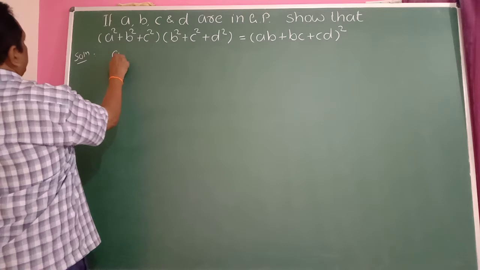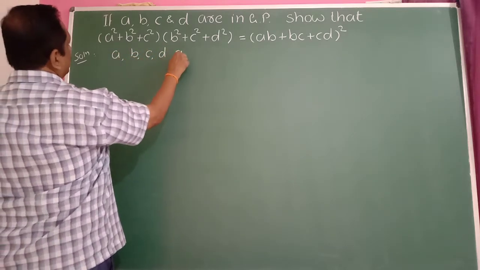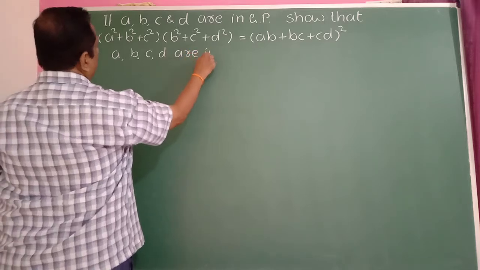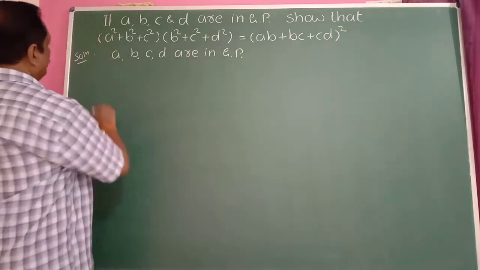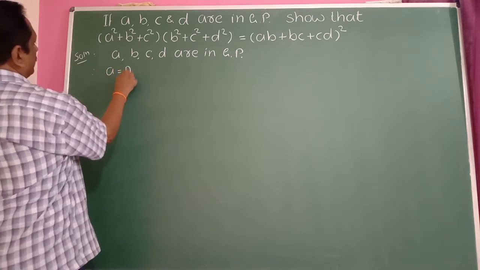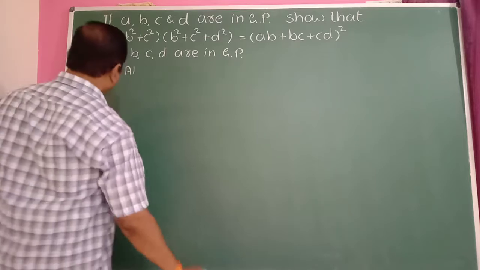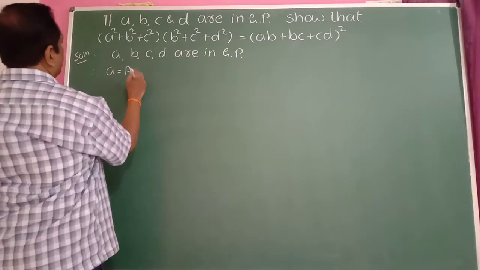So a, b, c and d are in GP. Therefore, take here a as the first term.